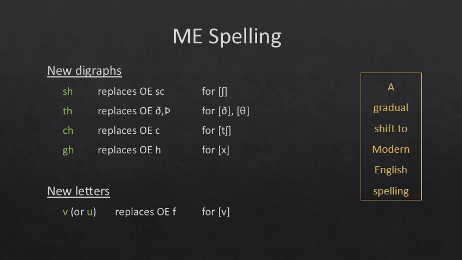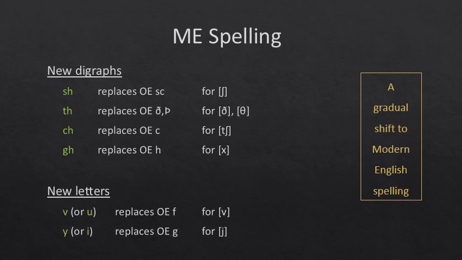If you recall your rules for Old English F, it could be voiced when surrounded by voiced sounds to a V, and so instead of F making that sound like heovon, H-E-O-F-O-N, that's being replaced by a V, which could be written as a U, just a rounded bottom V.